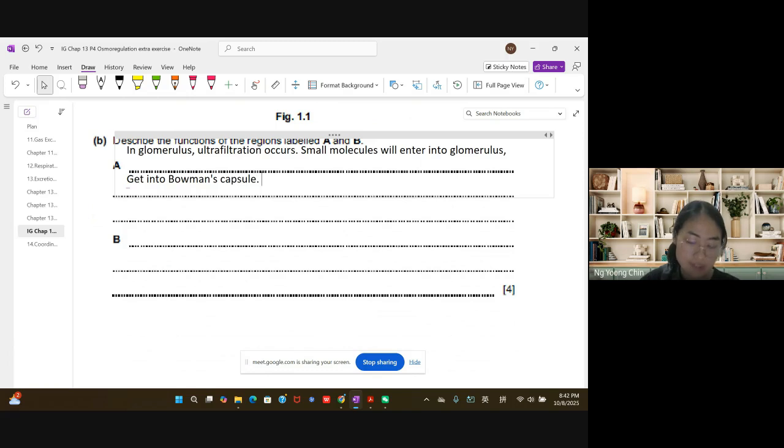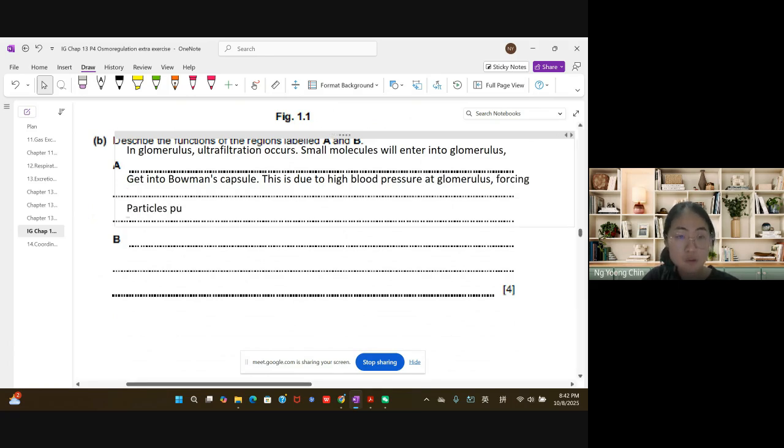You need to write how the molecules are able to pass through the glomerulus and enter the Bowman capsule. This is due to the high blood pressure at the glomerulus, forcing particles to be pushed out to the Bowman capsule.